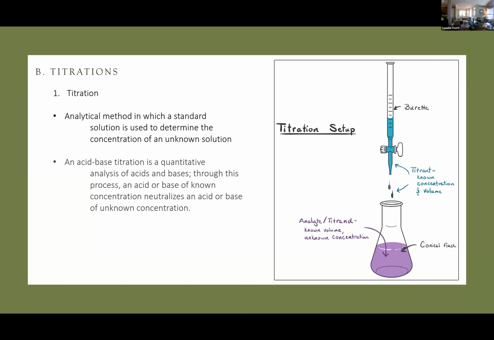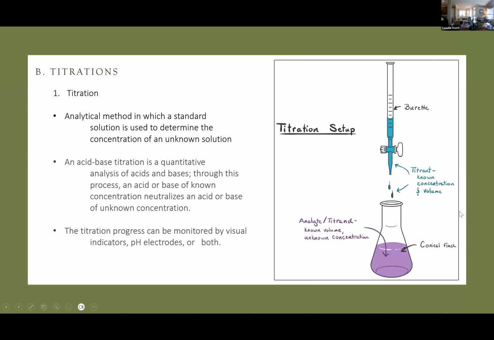It's very granular, so your measurements are more exact. You can tell exactly how much volume you've added. When you put them together, it's called a titrand. Once you start titrating, it's no longer an analyte. The mixture is a titrand. Okay. So you don't know the concentration of what's in your flask, but you do know the concentration of what's in your burette or dropper.